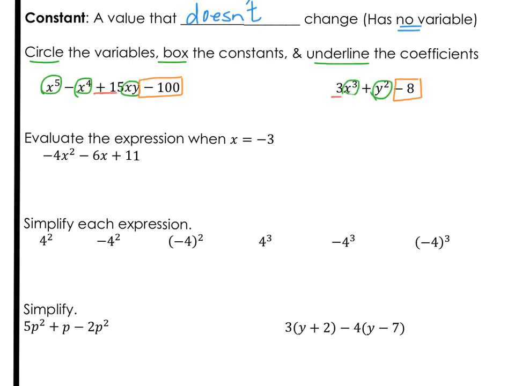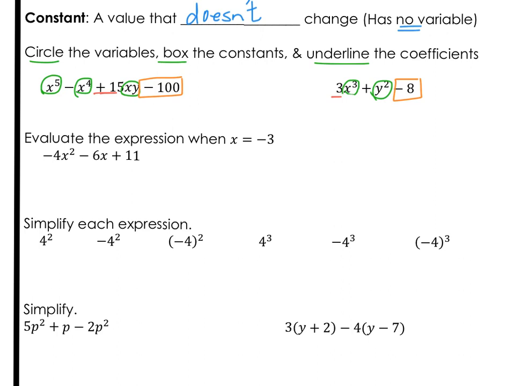Taking a look at my first example, x to the 5th is circled, x to the 4th is circled, and the product xy is circled. Those all represent variables. Notice I boxed the negative 100, not just 100, as my constant. Now the only thing technically that I underlined in that first example was 15.